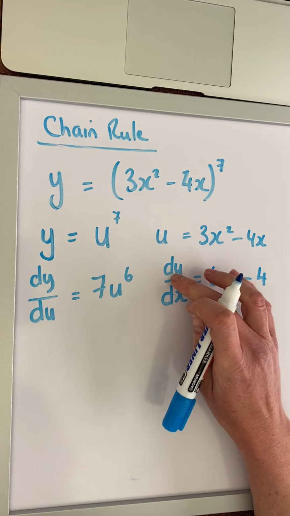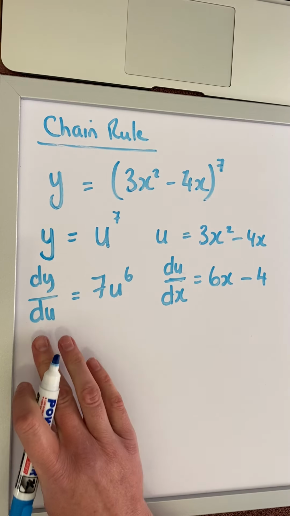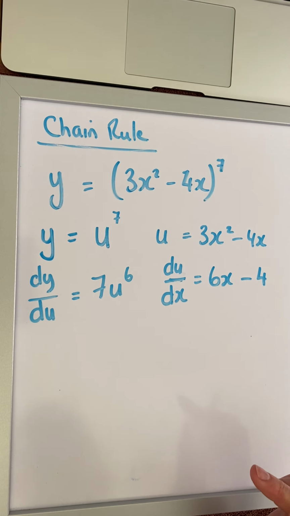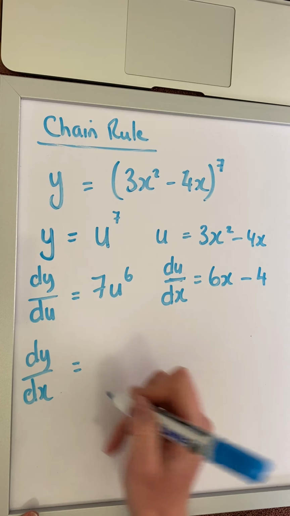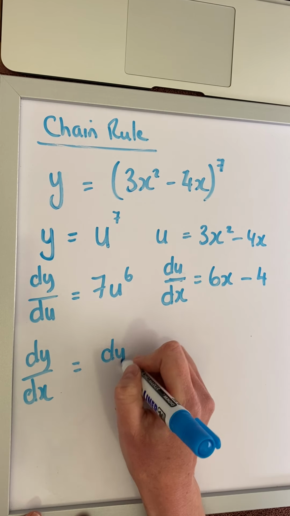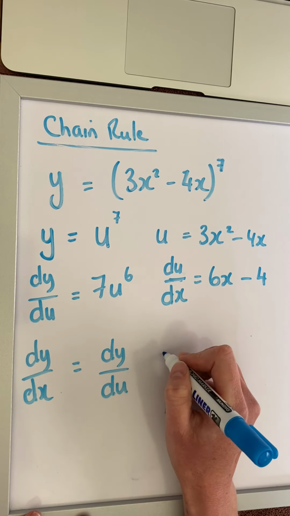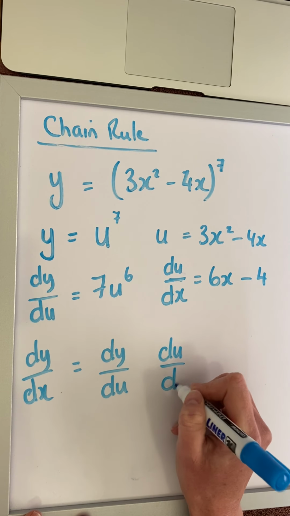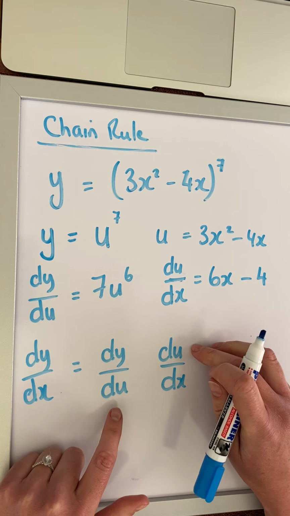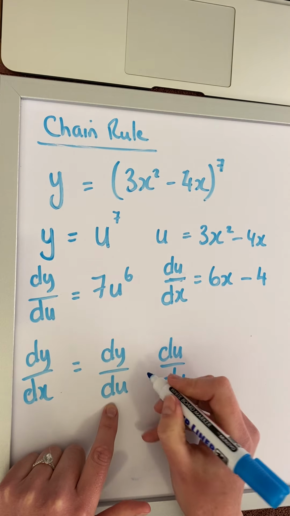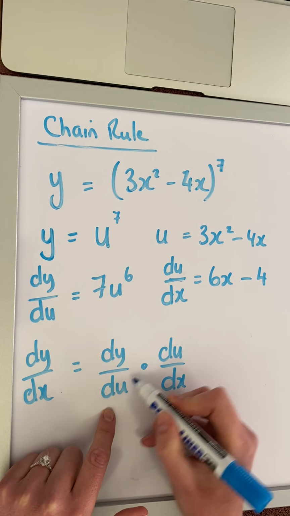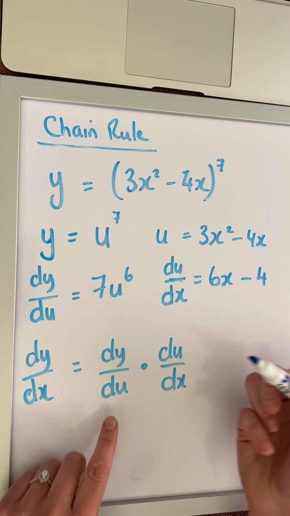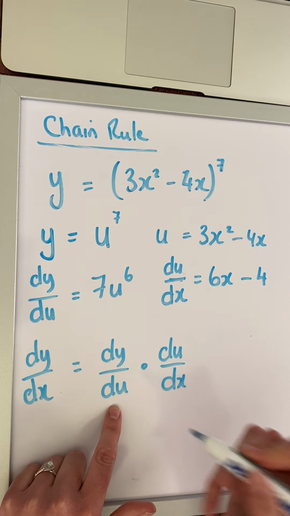All right, so from this, we have dy du, and we do have du dx. But what we want is dy dx. So if we look at what we have here, dy du and du dx, because there's a du on the top and the bottom of the fraction, if we multiply these two fractions together, the du over du will cancel each other out, or eliminate, and you are left with dy dx.